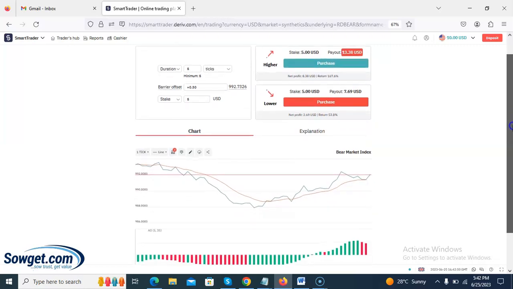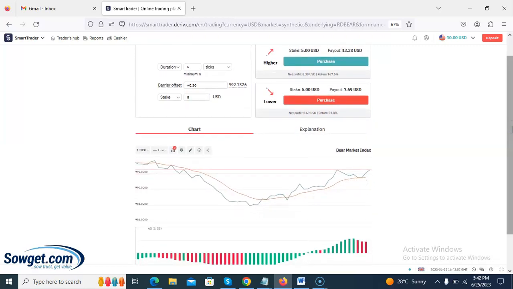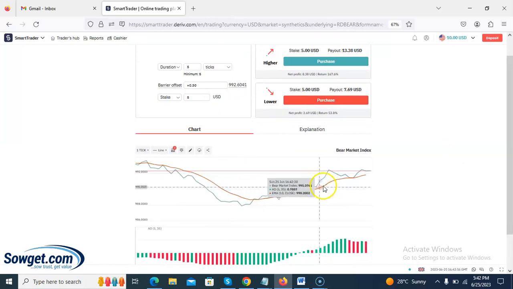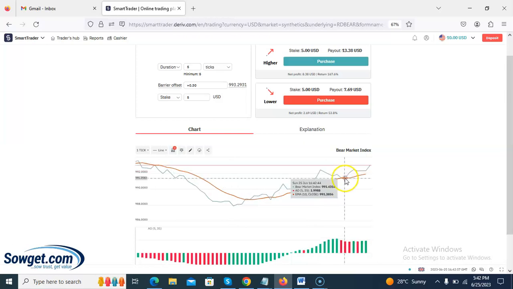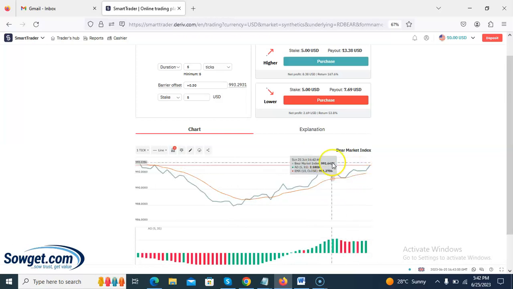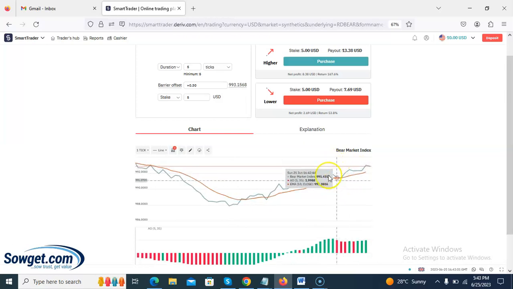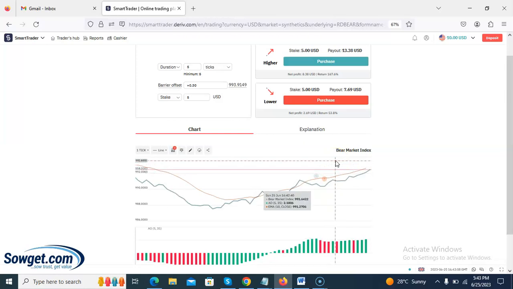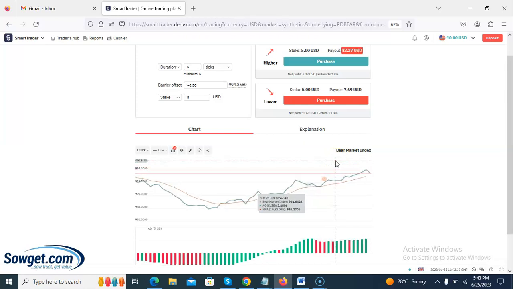We're going to be using these two indicators. This is the EMA, the one in red. Whenever the EMA, this red line, is above the price and in a downward trend, that is the signal for us to take a trade.